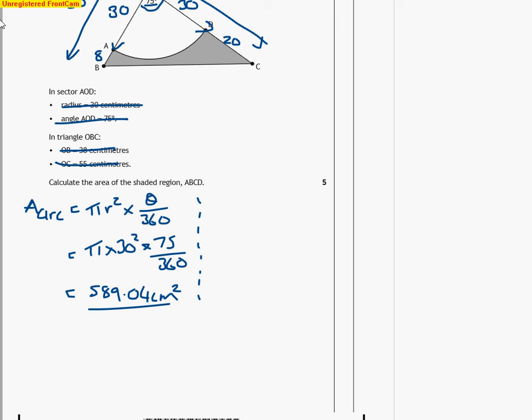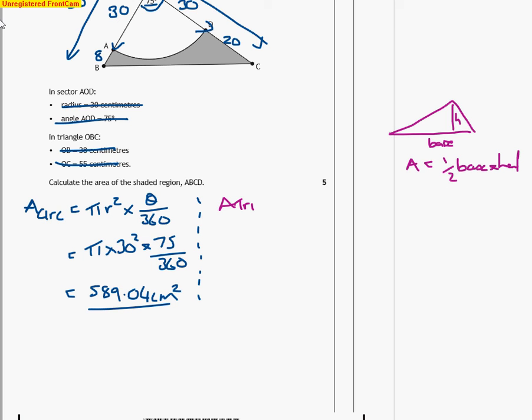So that's our circle. The triangle, okay, area of the triangle. Now, area of a triangle, I always think half base times height. So there's your height, there's your base. So the area is a half times the base times the height. But we don't have all that information here.